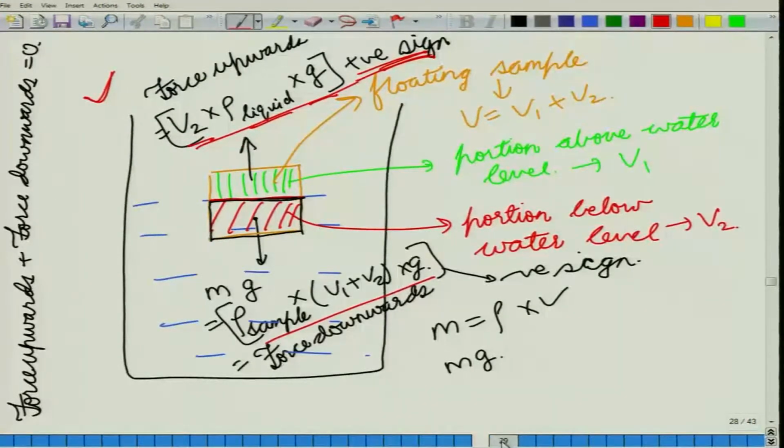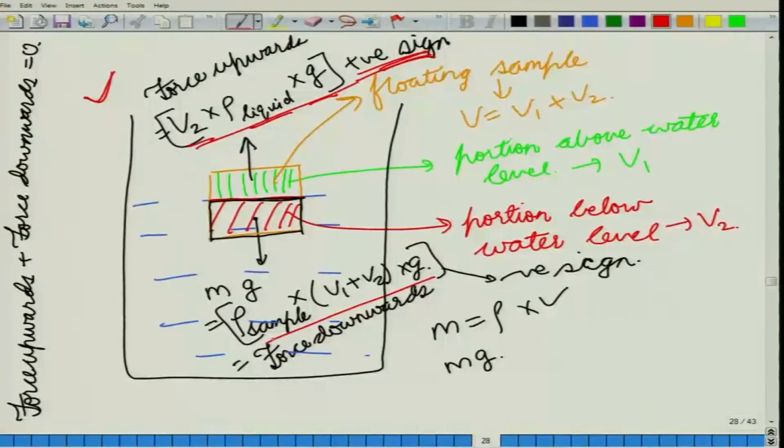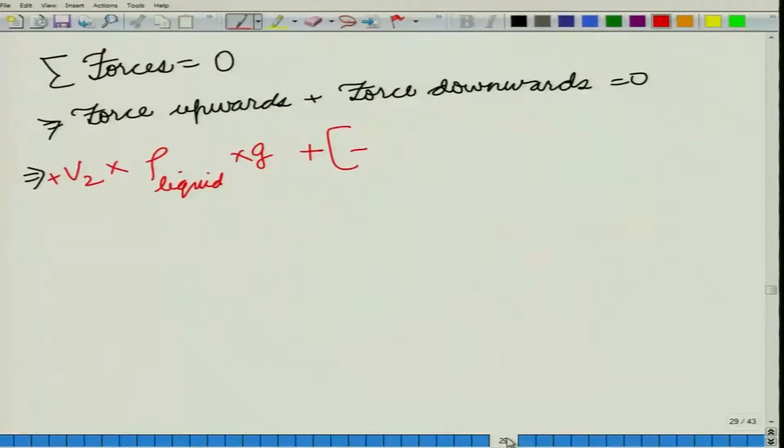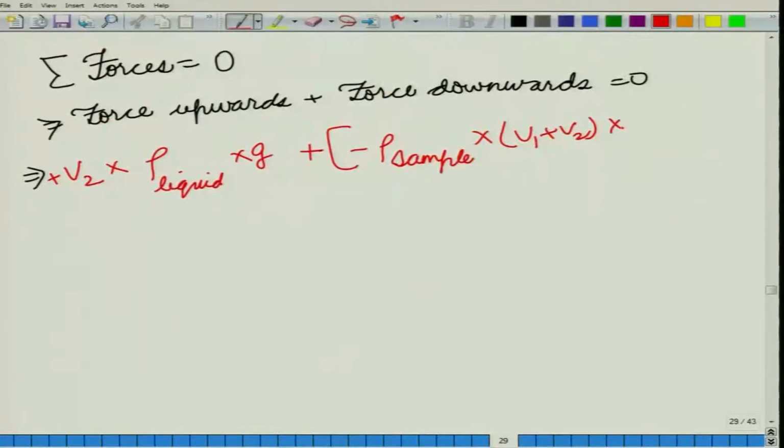So the force downwards has a negative sign. So plus a negative sign of rho of sample into, here we have V1 plus V2, multiplied by G is equal to 0.